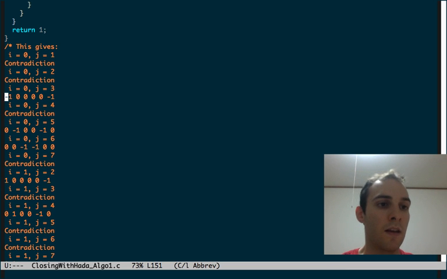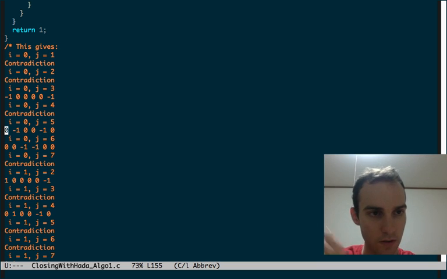Okay, and you can see for all the pairs, this is what happens. You could have computed this by hand if you somehow don't like the idea of letting the computer do the proof for you. You would get the same thing.